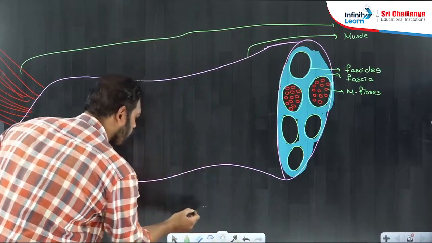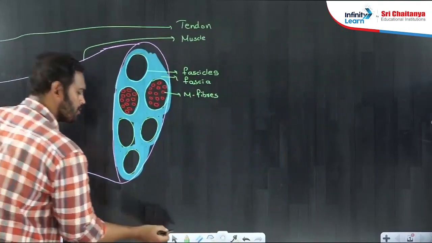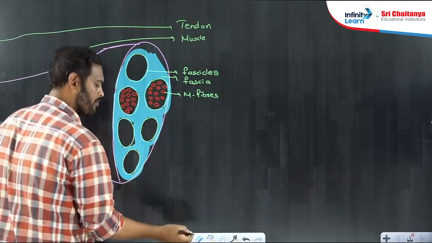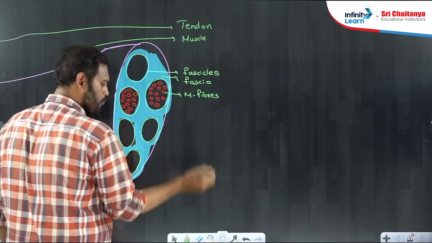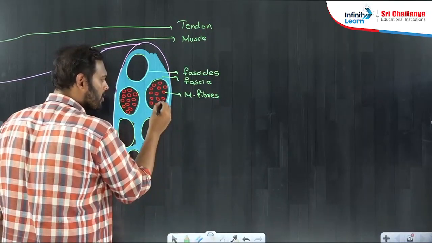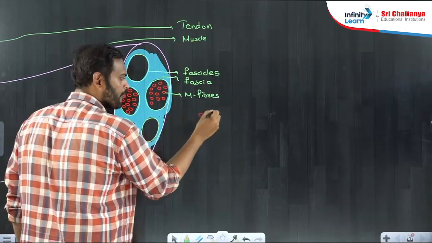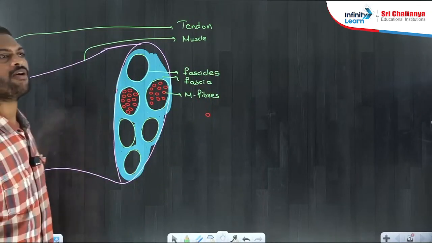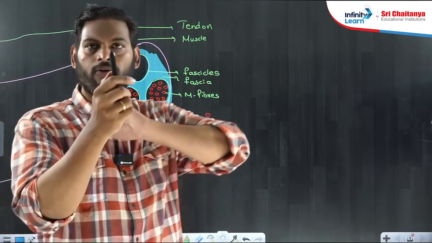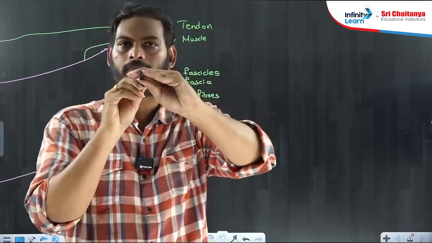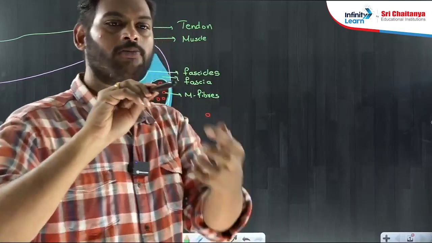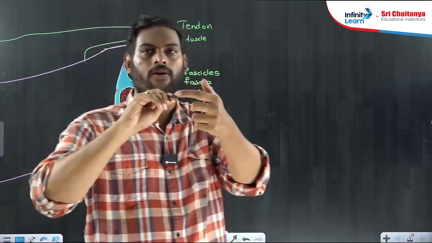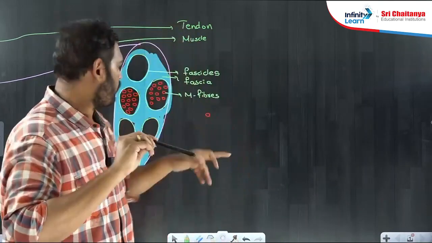Now, what we do is pull out one muscle fiber like this. Observe here, pull out just one muscle fiber. Guys, from this angle, this may look like a circle, but this is the front view.